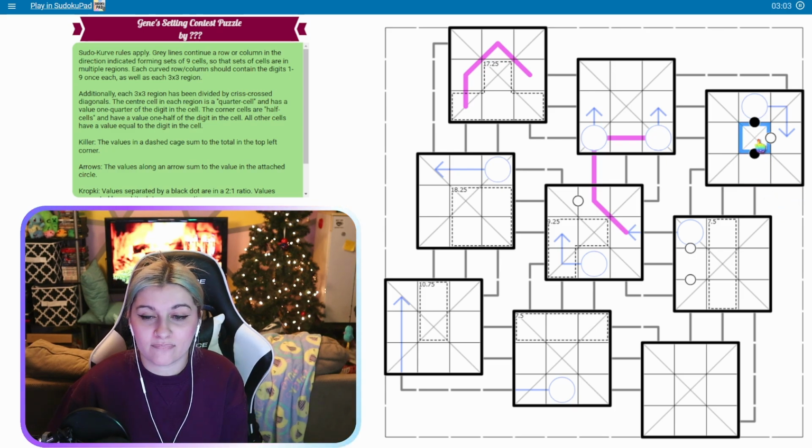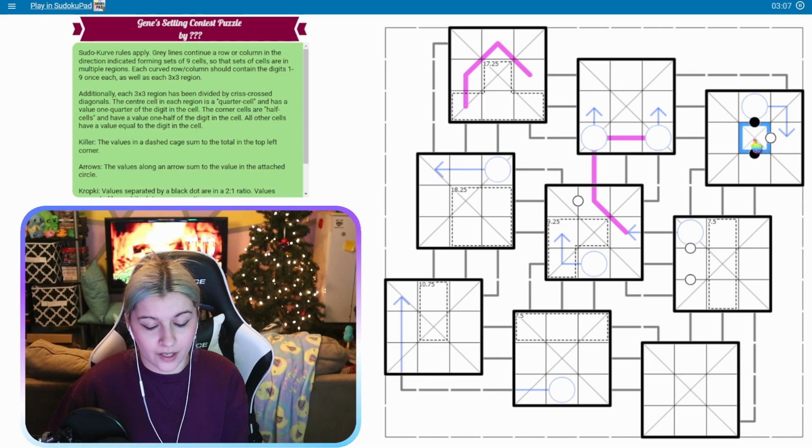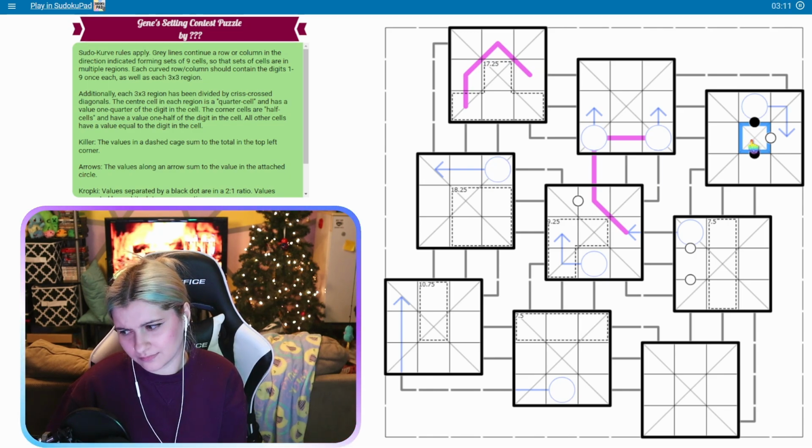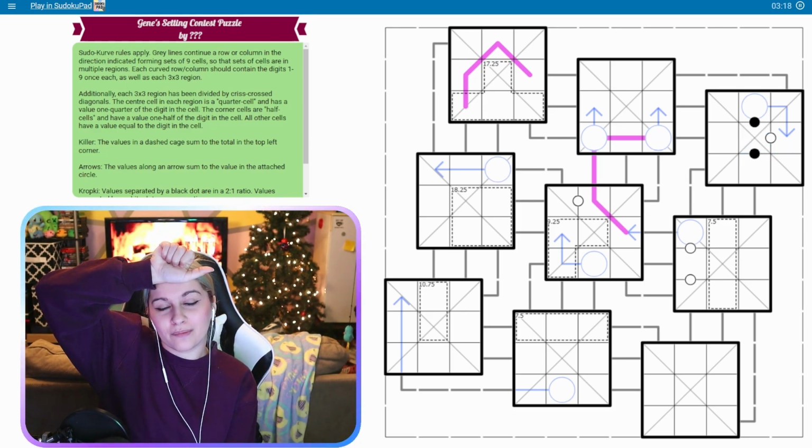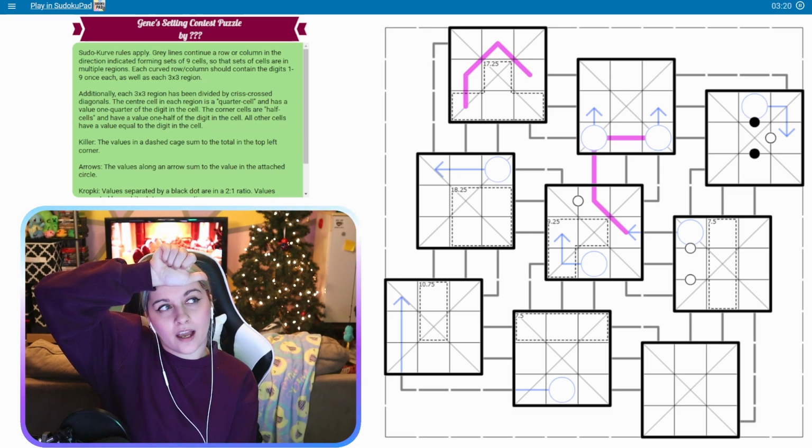I said 6. What about 7? A quarter of 7. It's going to be closer to 2 than it is to 1. I can do it. A quarter of 7 is going to be 1 point something. 3/4. I have 3 left over.